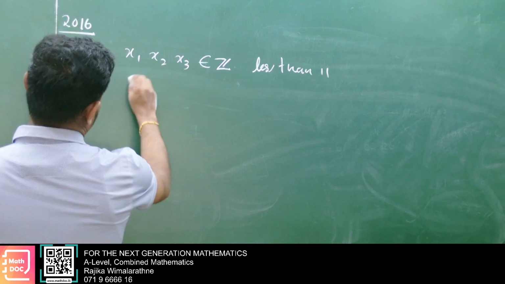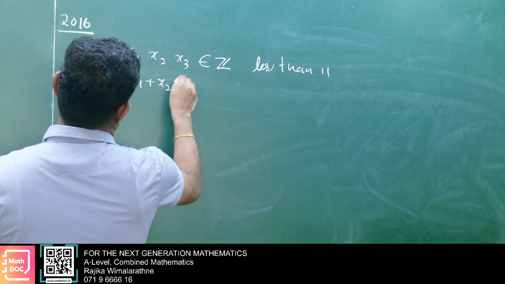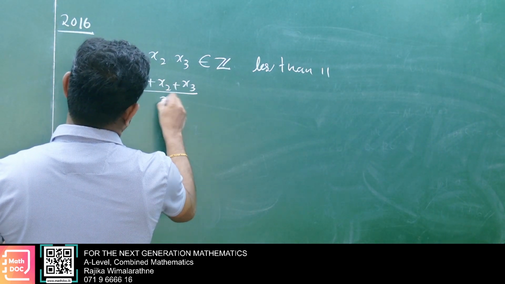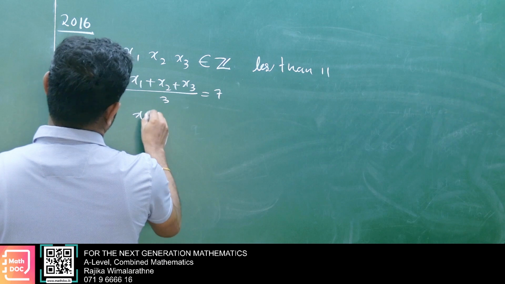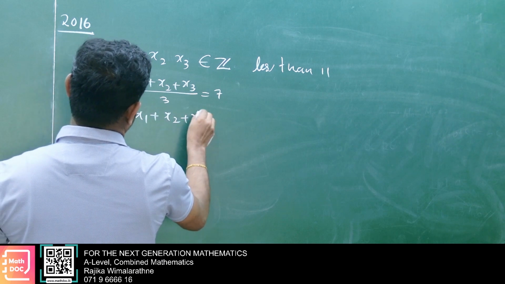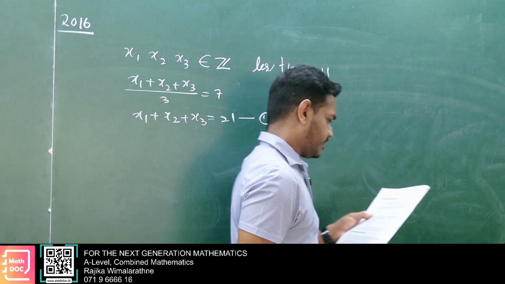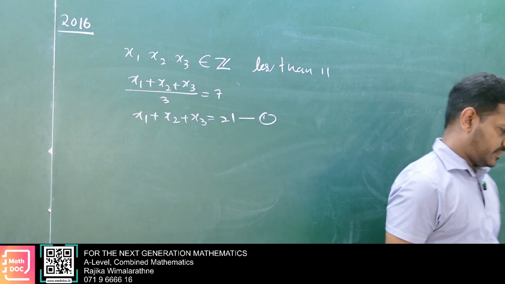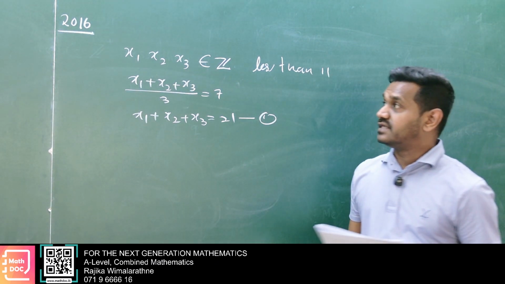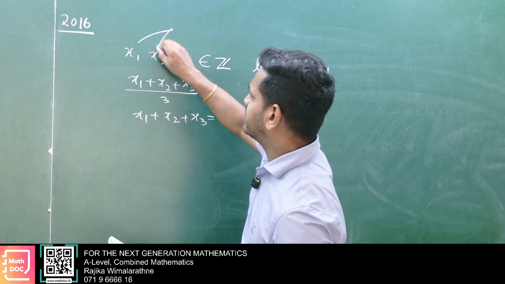Mean 7, then x1 plus x2 plus x3 over 3 equals 7. Then x1 plus x2 plus x3 equal 21. Here is the first formula. All are distinct.